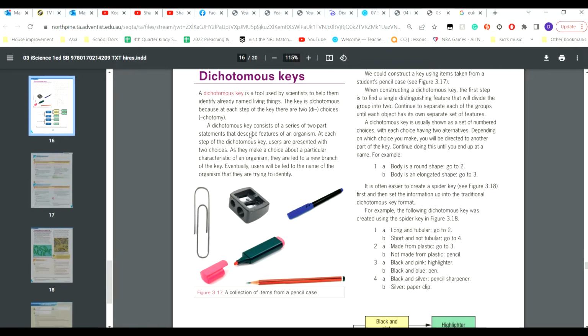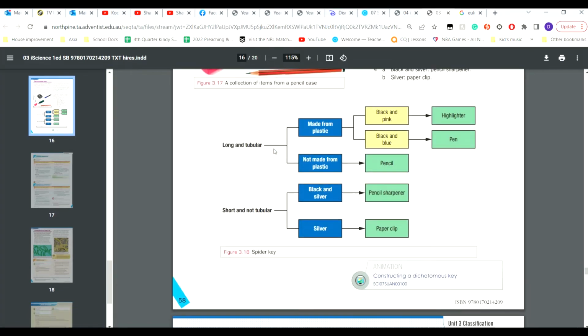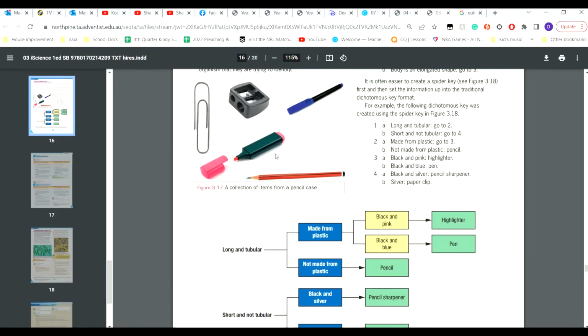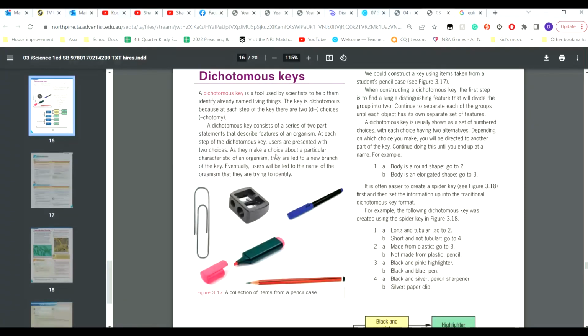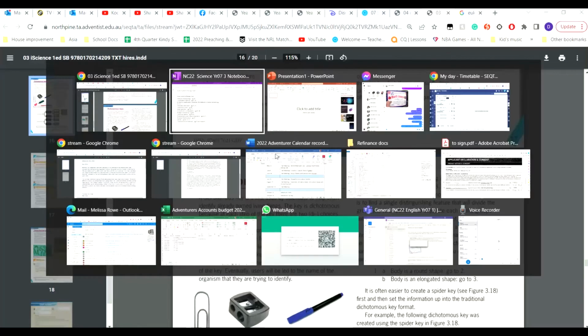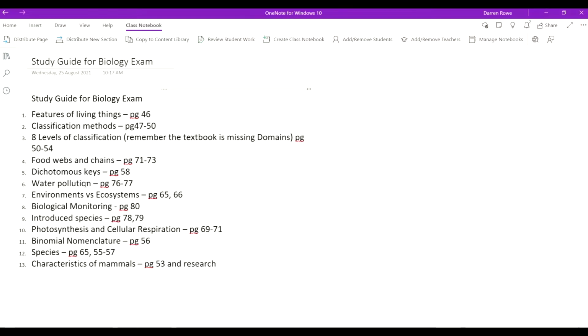I haven't actually looked at it recently, but I believe there is one in there, or some question about understanding a dichotomous key. So remember, it's all about two choices, splitting things into this or this. Then again, this or this, until you narrow it down to the specific thing we're talking about. I think most of you have learnt that in class, but it's there for you anyway.